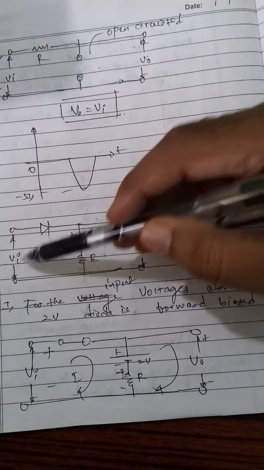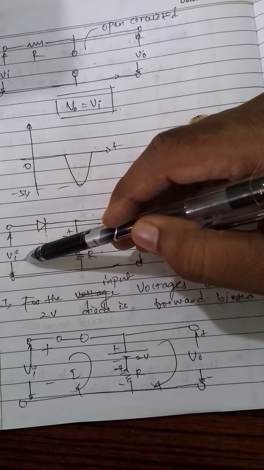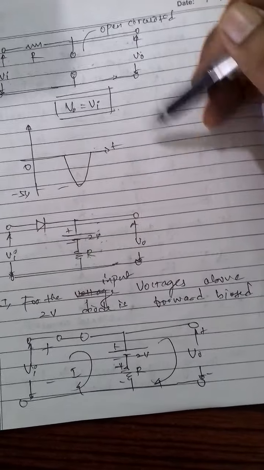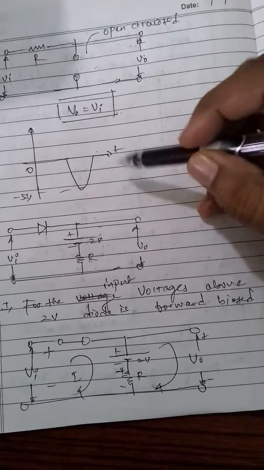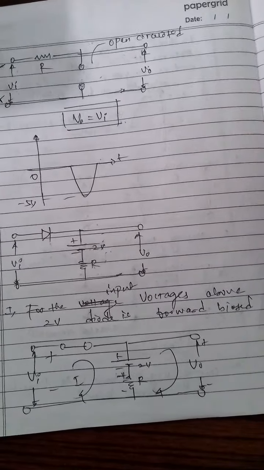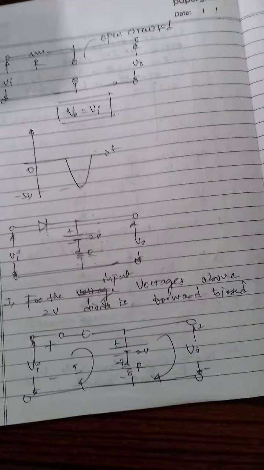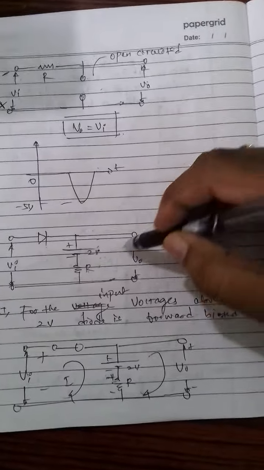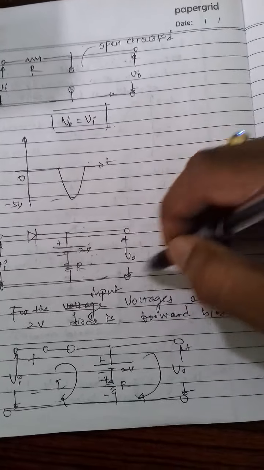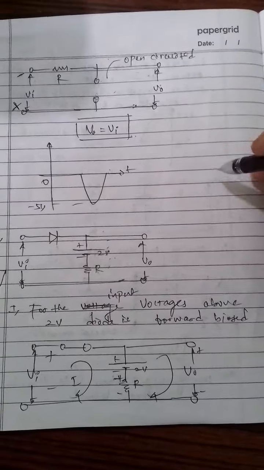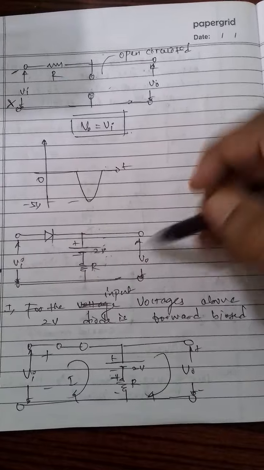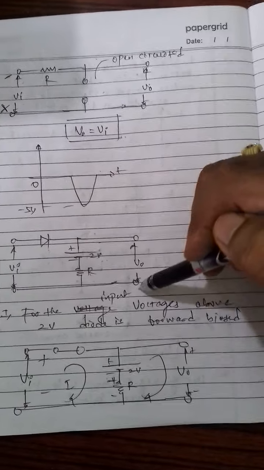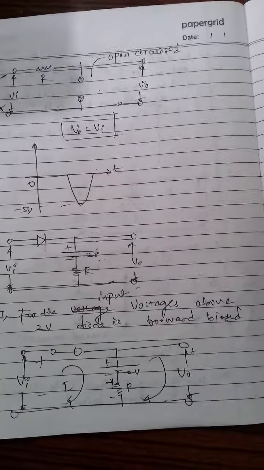A diode is in series with the input. Now here also the two conditions must be specified: when the diode is on and when the diode is off.